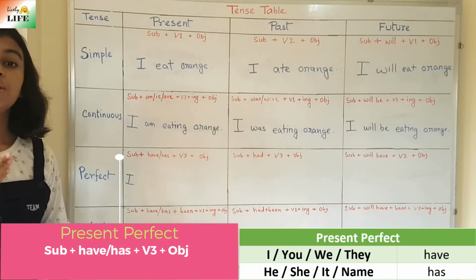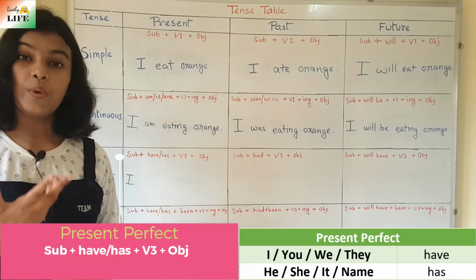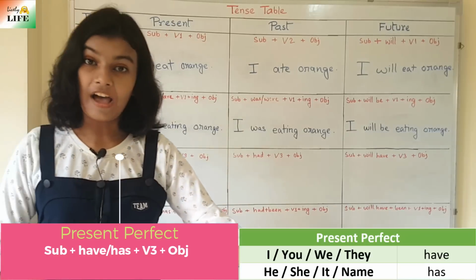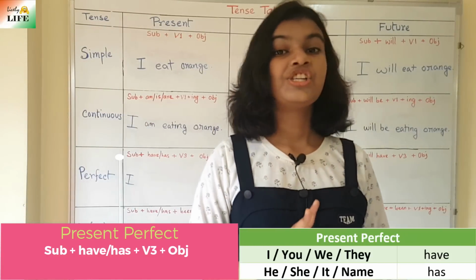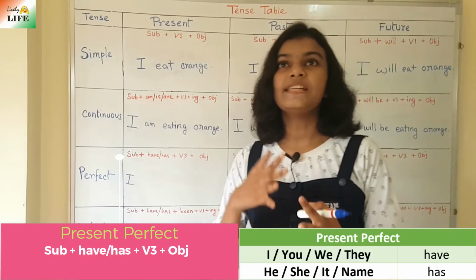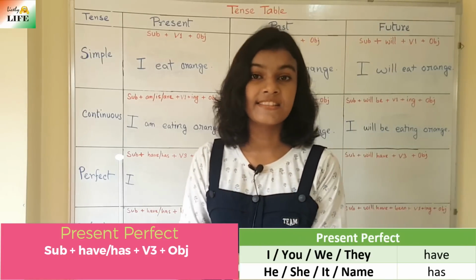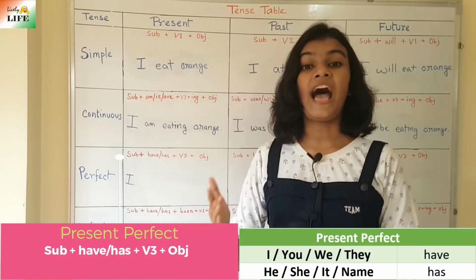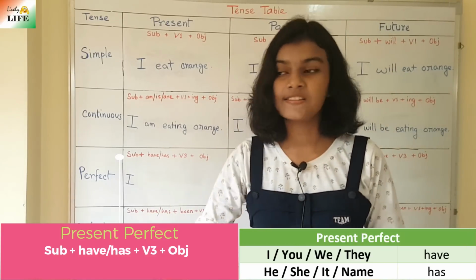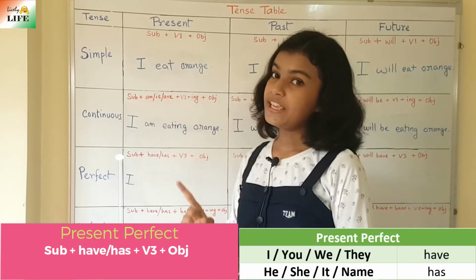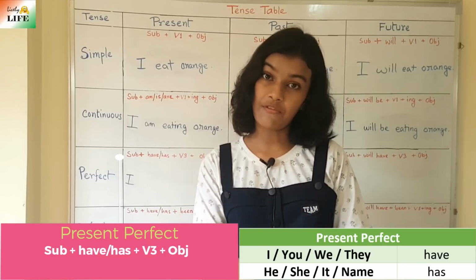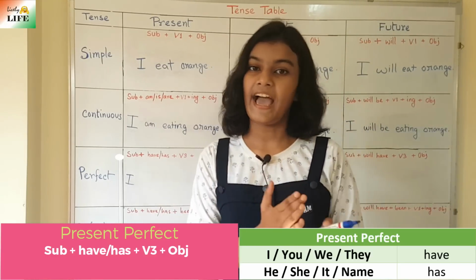After I, you, they, we always use have. But after he, she, it, means a third person singular form, we use has. He has, she has, it has, Rose has. But after I, we use have. I have, we have, they have.